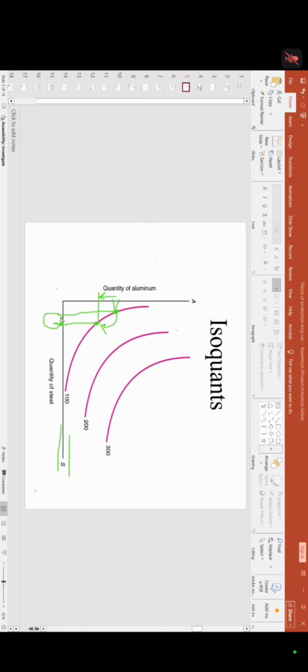That is the responsiveness in elasticity. So when you are moving along your isoquant curve, you can identify at each level the speed or responsive rate of substitution of labor for capital. When labor is increased, how much does capital decrease?